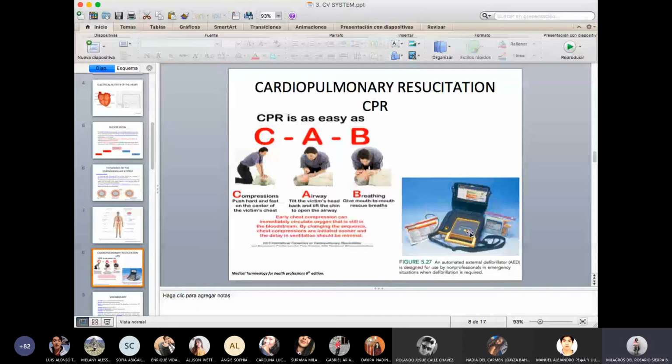For example, in, I forgot the word. In ambulances. Ambulances, very good. But in other places, for example, airports? In stadiums. Airport, yes, thank you. I was thinking of airplane.